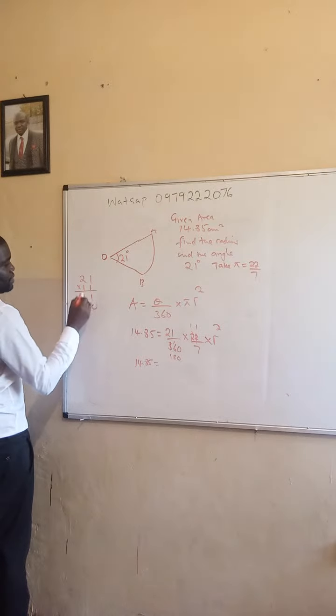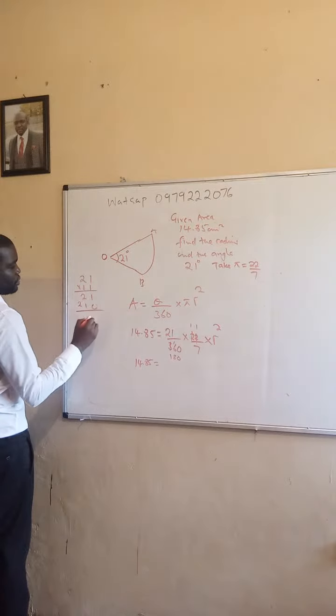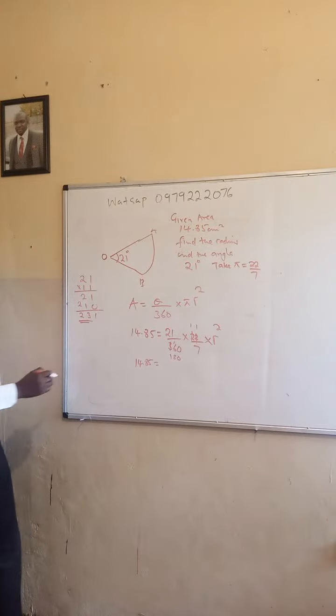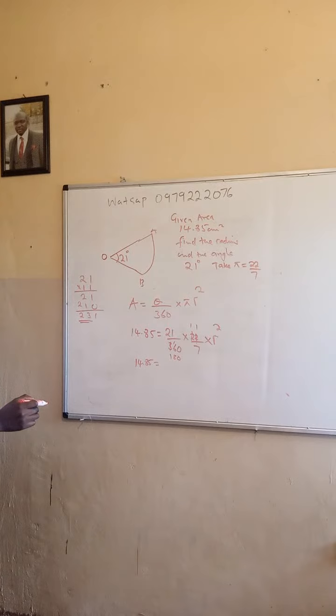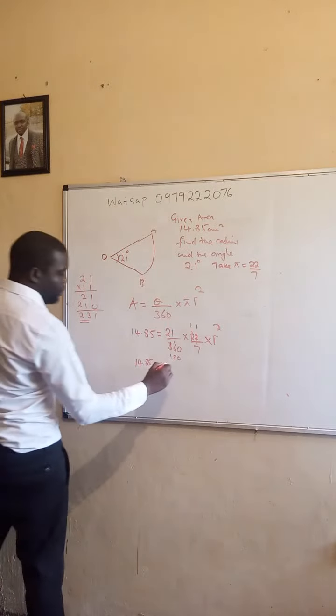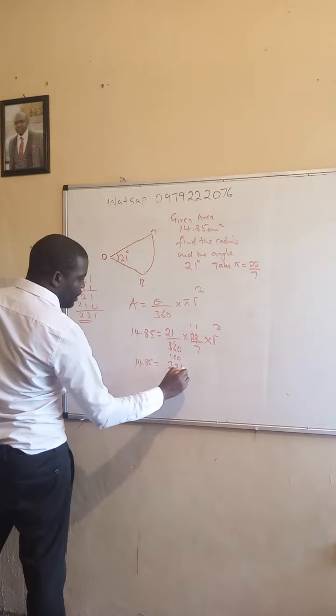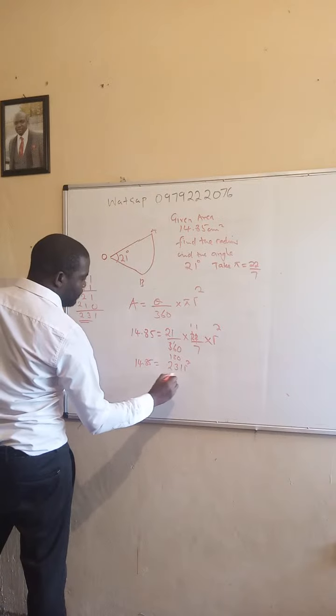And then you place a 0. 1 times 1 is 1. 1 times 2 is 2. So it will be 231 radius squared.